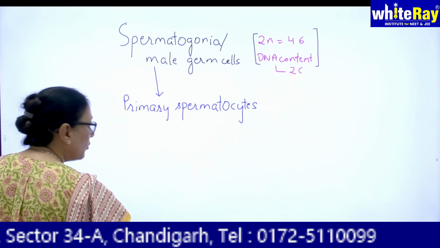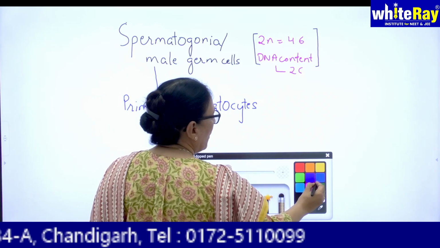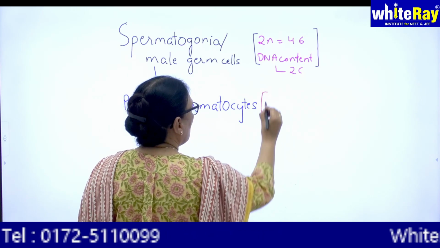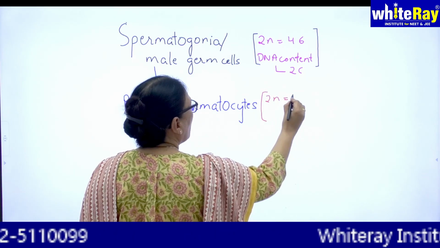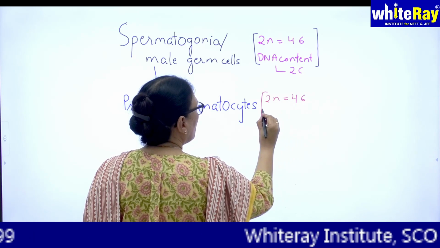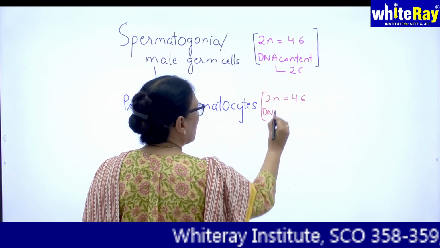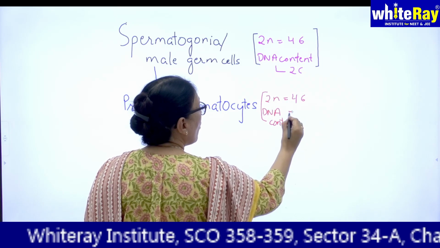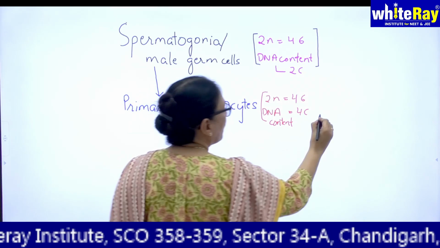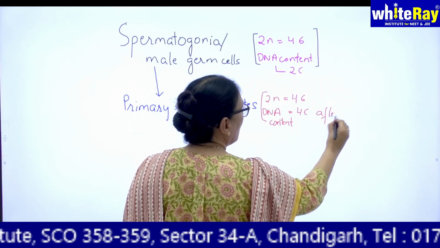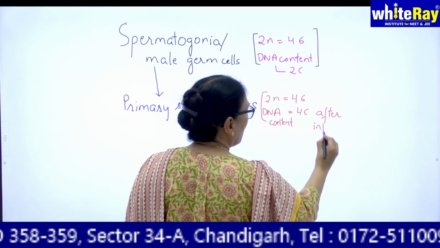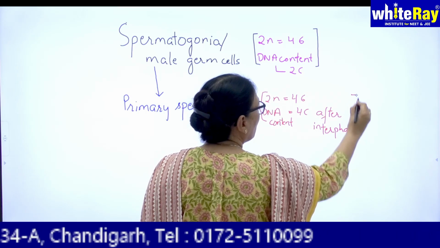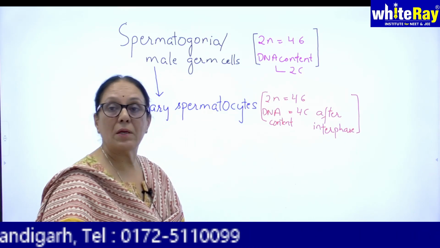Now the primary spermatocyte is again diploid, 2n is 46, and the DNA content is now 4C after interphase. In the S phase of the interphase of the cell cycle, DNA replication occurs.